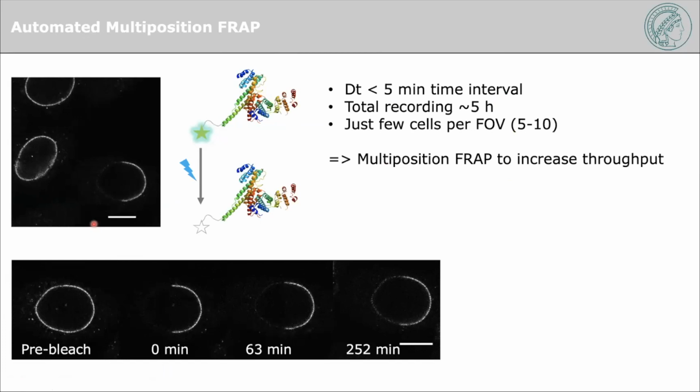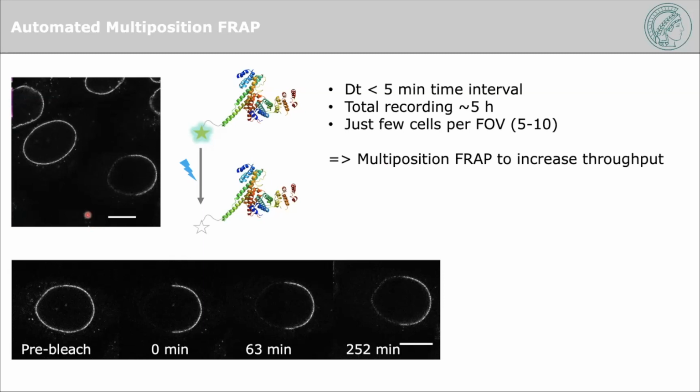Another problem that we solved with a similar setup was to be able to do multi-position FRAP. This is something that, at least on the system we have, is not possible to do. We want to achieve a time resolution below 5 minutes and have enough cells, but we can only do FRAP in one field of view.